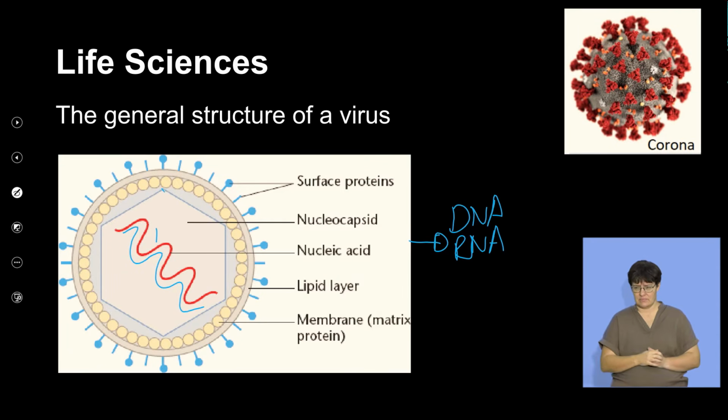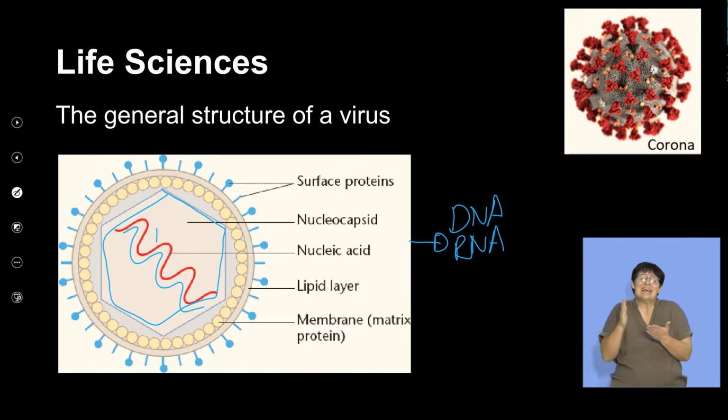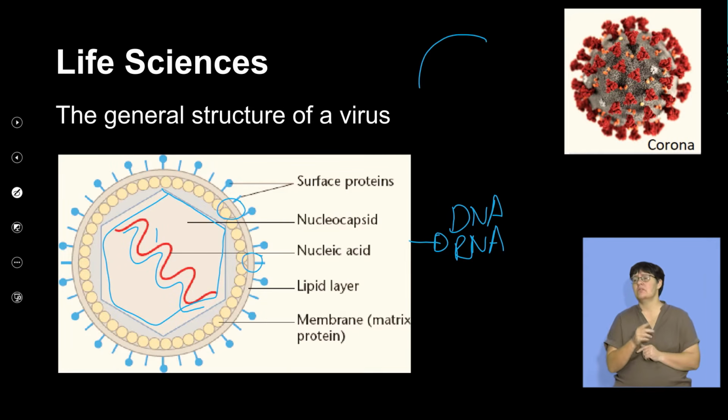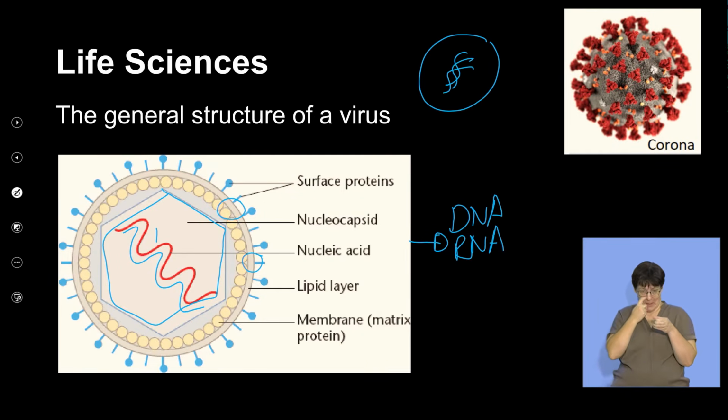Then they have a little protein coat around them to protect them, and then some of the viruses have a fat layer around them to protect them. So when we have a look at the virus, you simply have a structure around it, and you're going to have this DNA in the middle. So that is the basic structure.